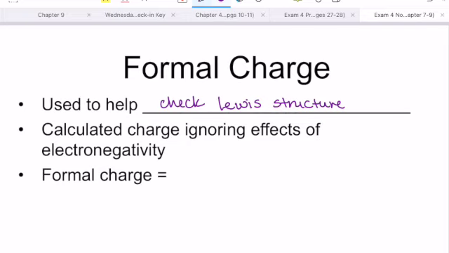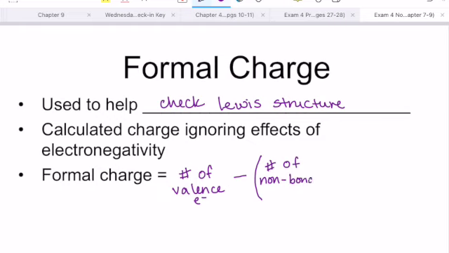And so the definition of formal charge is a calculated charge ignoring the effects of electronegativity. So we don't care which one's more electronegative, we just care what's happening within the molecule. So the definition of formal charge is the number of valence electrons, and so we get this from the periodic table, minus the number of non-bonding electrons.